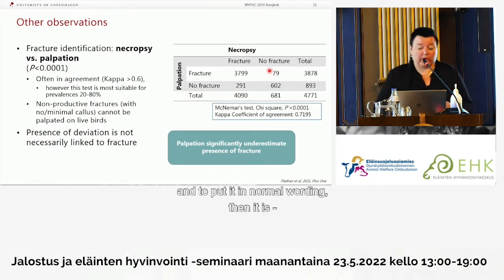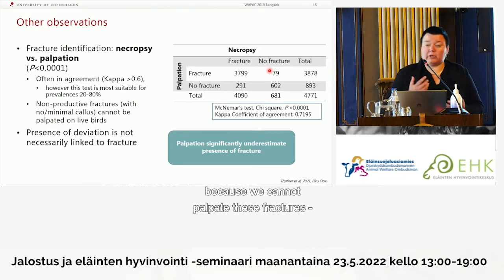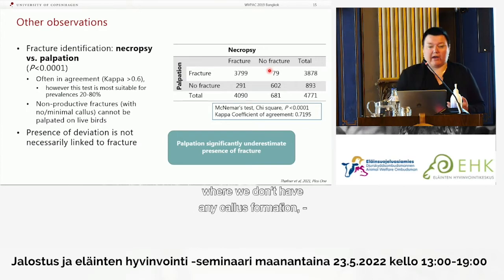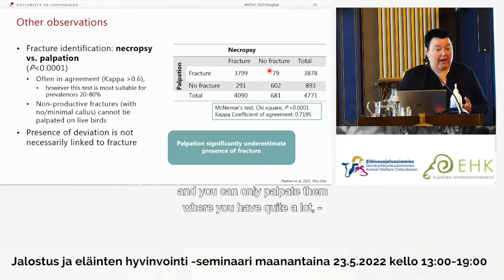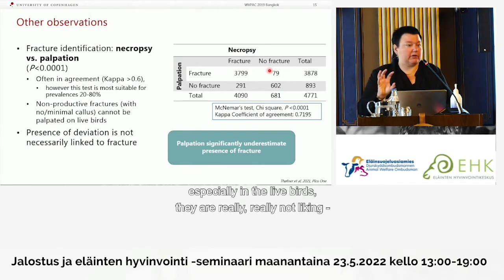To put it in normal wording, palpation significantly underestimates the presence of fractures in a bird, because we cannot palpate fractures where we don't have any callus formation, and you can only palpate them where you have quite a lot, especially in the live birds.